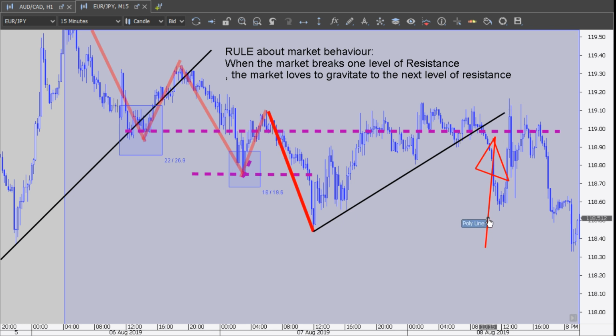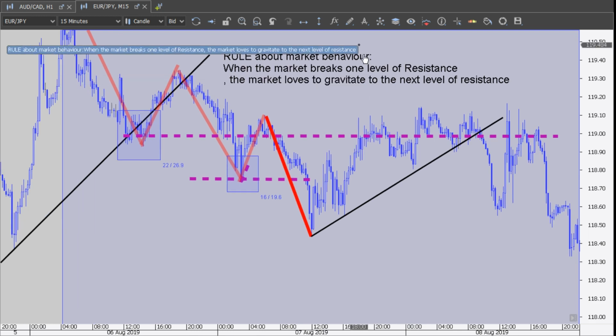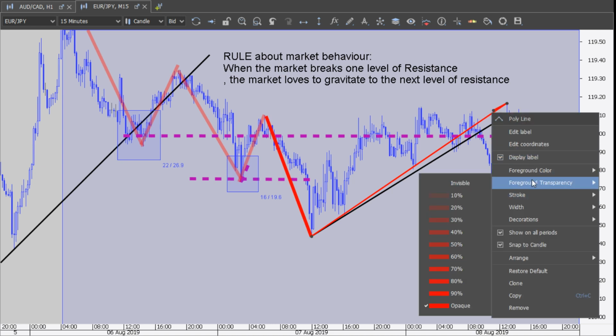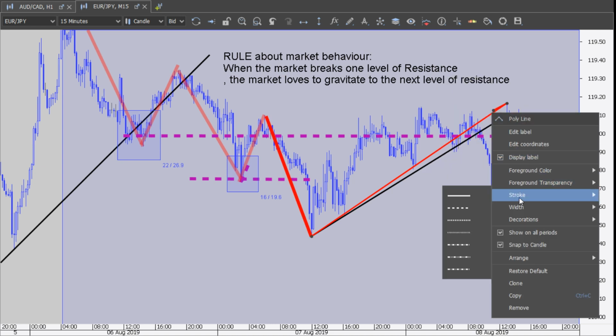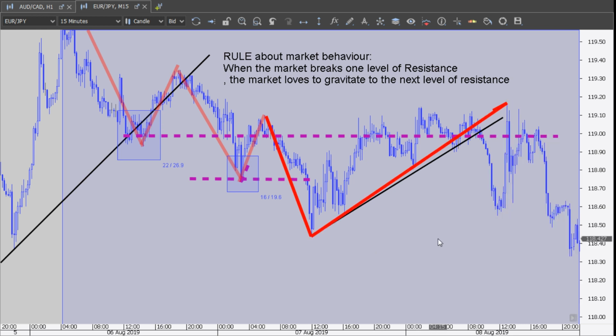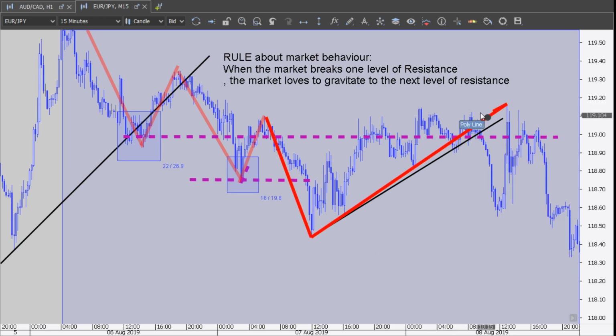Okay, now this was retracement, extension, retracement. Okay, now this is the retracement, right? This is our retracement. No, this is not retracement, everybody, pay attention. You need to learn this.